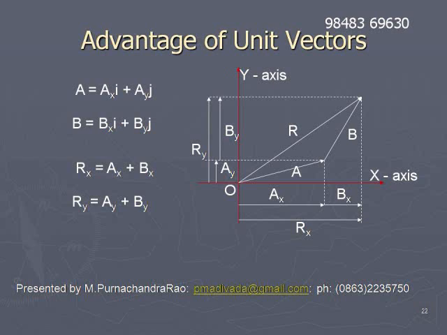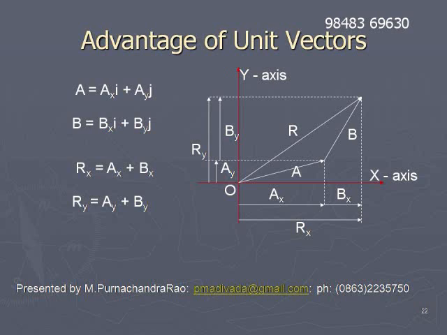Now let us take the components of b. From the head of b, a dotted line is drawn vertically downwards, and bx, the x component of b, will be from the dotted line at the end of a to the dotted line at the head of b. That is represented by bx. Another dotted line is drawn parallel to the x-axis from the head of b.